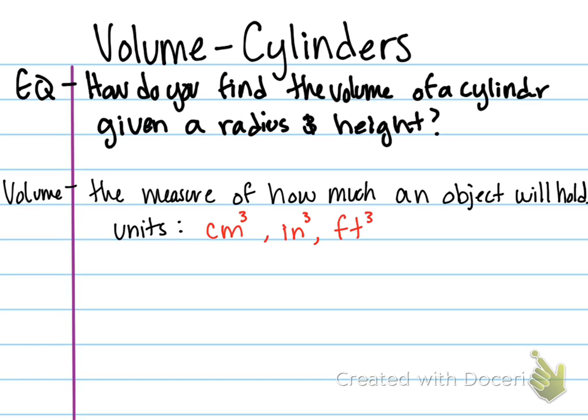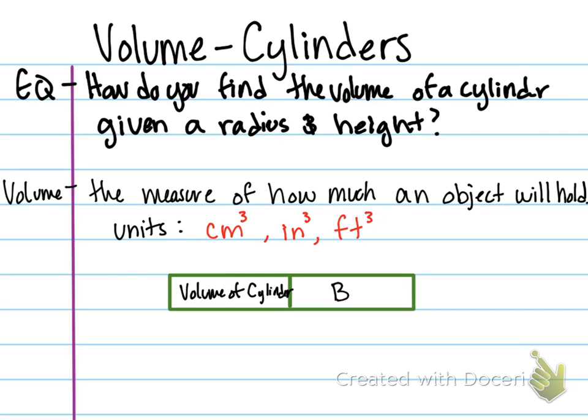And the formula to find the volume of a cylinder is going to be B times H. So volume of a cylinder will be B times H, where capital B is going to be the area of the base.